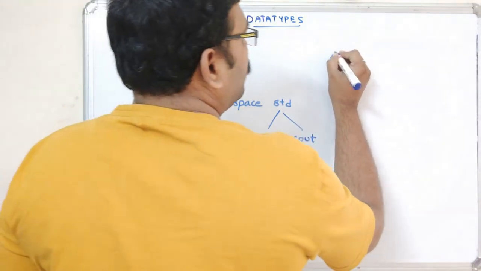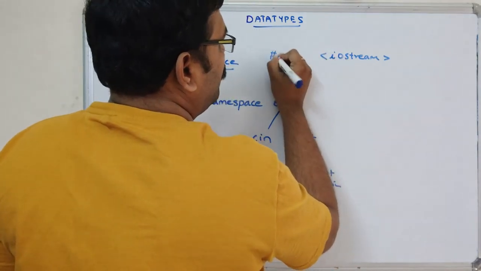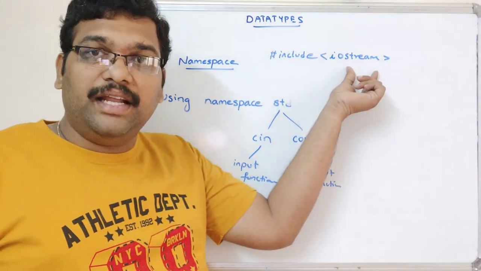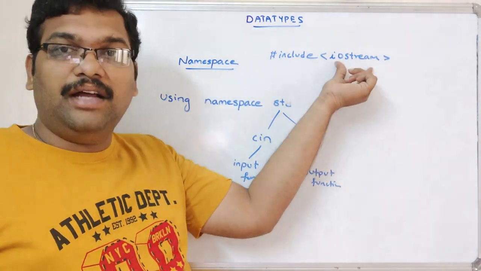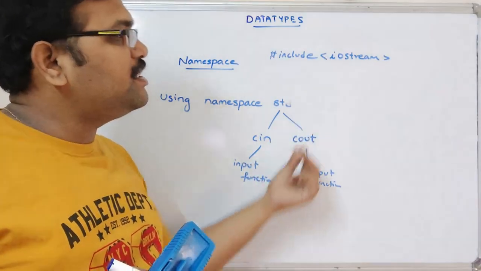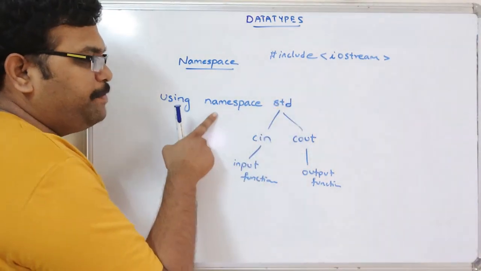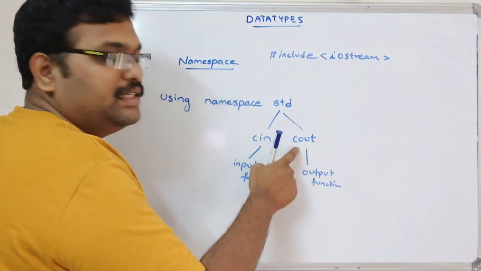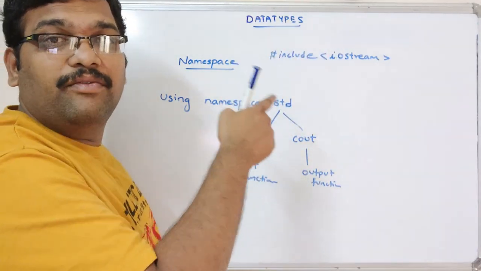And we are going to use iostream. iostream is also inherited from stdio.h, so all these functions will be available in iostream. During the linking section, these output functions will be linked with the header files. So, namespace is for avoiding naming collisions, so that we can use cin and cout directly, and iostream is similar to our stdio.h.